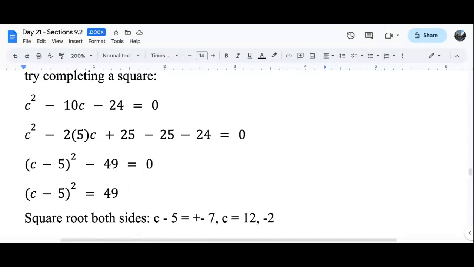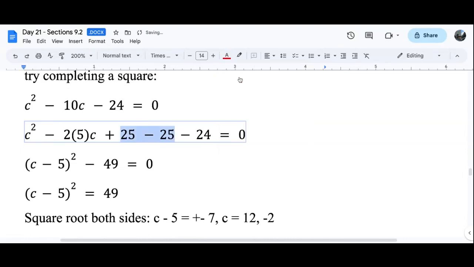Why are we adding and subtracting 25? Oh, you see, this is 0, right? 25 minus 25 is 0. Why? Because we're completing the square. Negative 10 divided by 2 is negative 5. We add negative 5 squared, and we subtract negative 5 squared, which is 25.